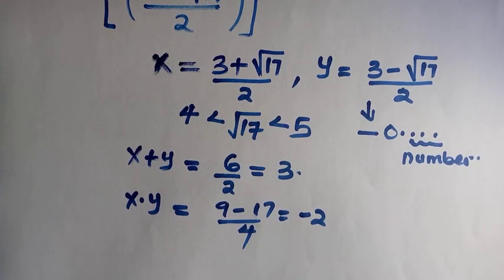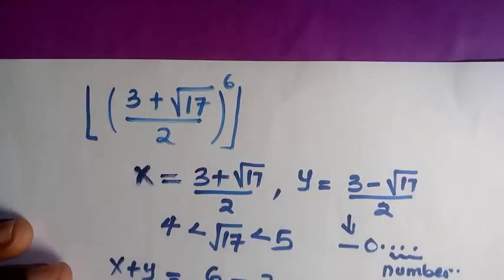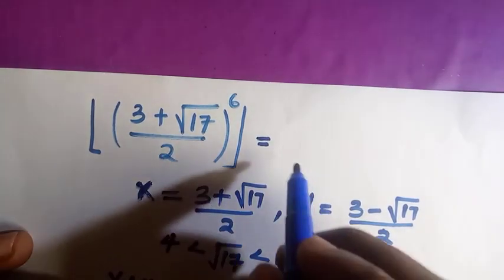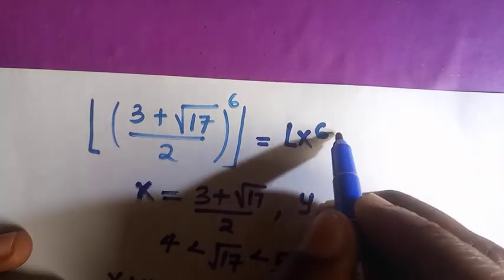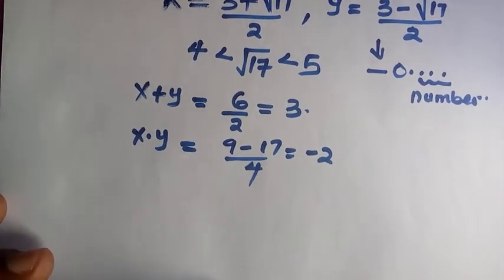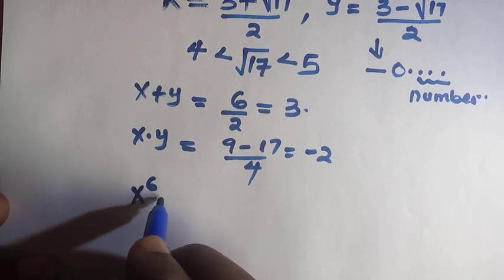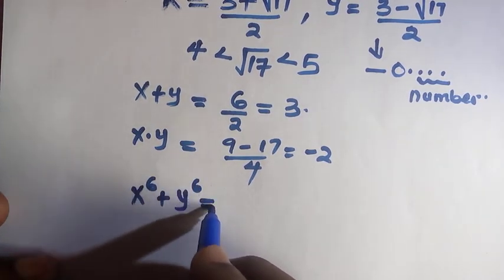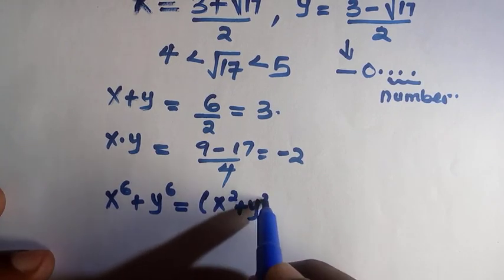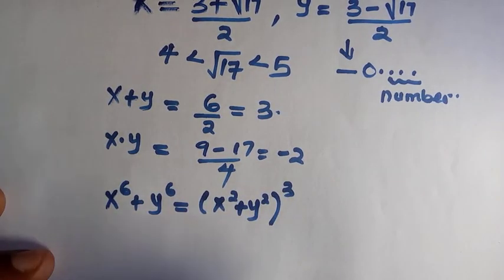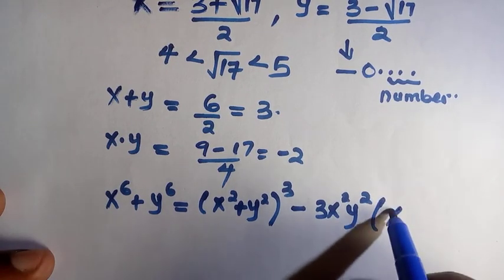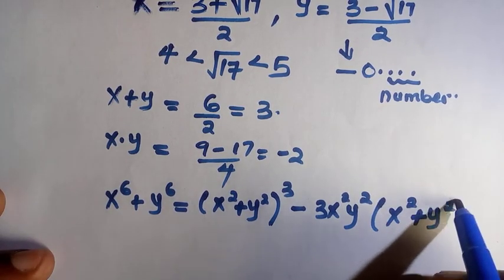So the sum of x and y is 3, and the product is negative 2. By now employing an identity, since it is a power of 6, I choose the identity for x raised to power 6 plus y raised to power 6, which is (x squared plus y squared) all raised to power 3 minus 3 x squared y squared (x squared plus y squared).